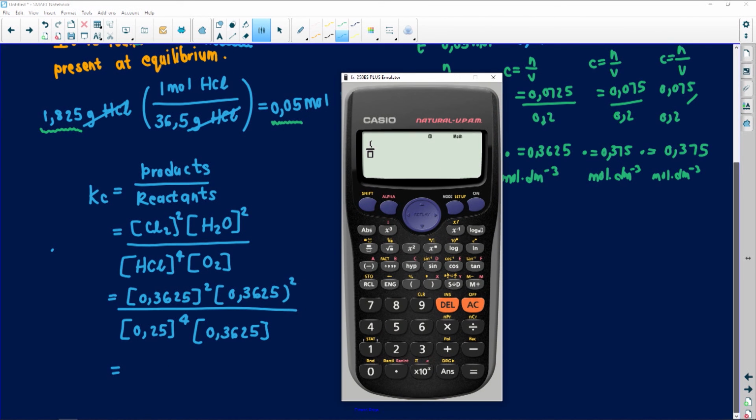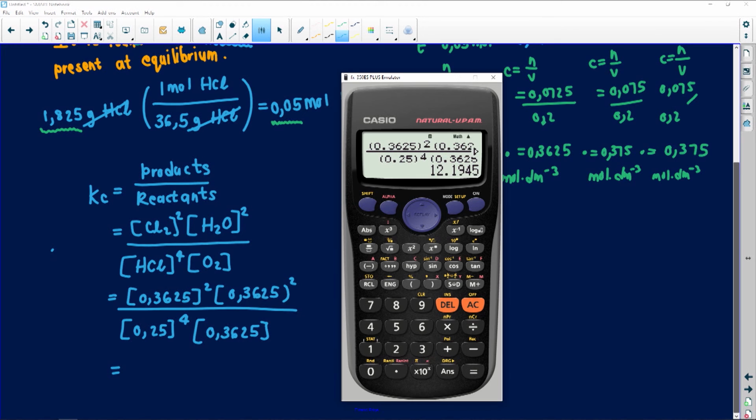Put everything in a bracket: 0.3625, close bracket, exponent 2. I've got 0.3625, close bracket, exponent 2. Take that down. I'm going to get 0.25 to the exponent 4. I've got 0.3625.